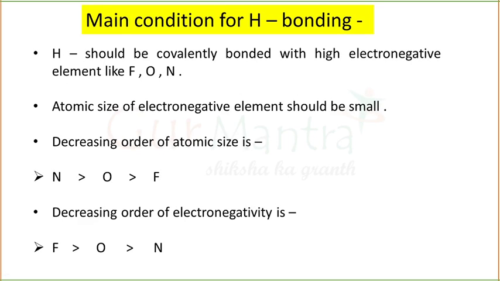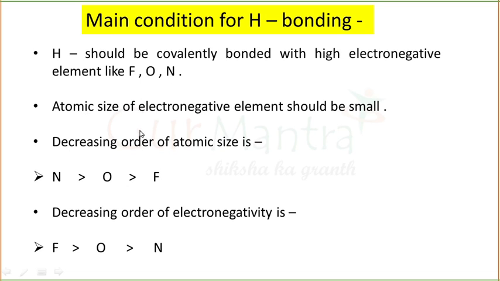The main conditions for hydrogen bonding are these. Number one is hydrogen should be covalently bonded with high electronegative element like F, O, N. Hydrogen atom should be bonded with high electronegative element, for example fluorine, oxygen or nitrogen.